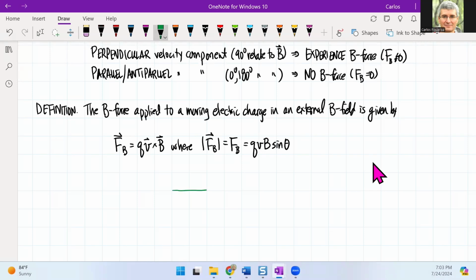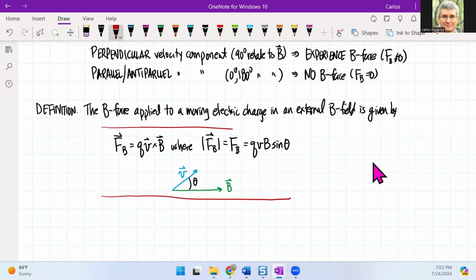So if I have a magnetic field in this direction, it's most commonly defined relative to the magnetic field, though it doesn't have to be that way. But that's what is most commonly done, so that angle looks like this. So this is the magnetic force acting on a moving charge.